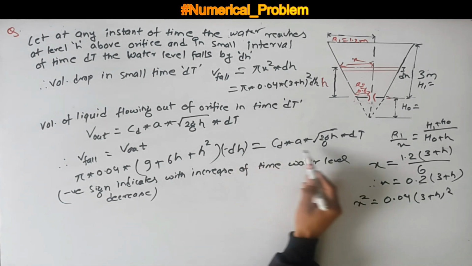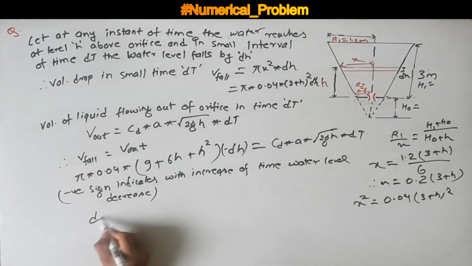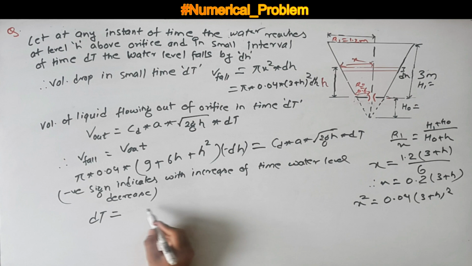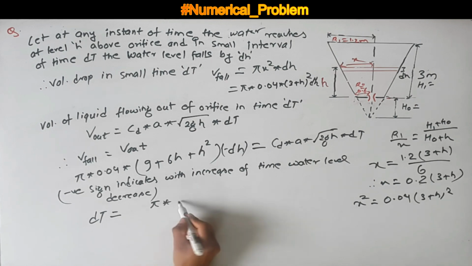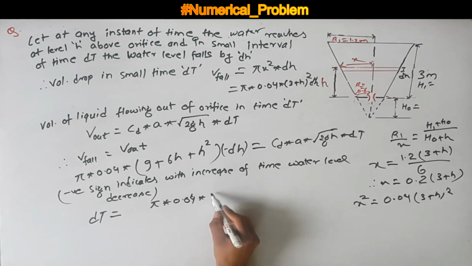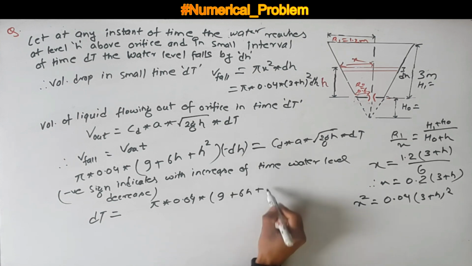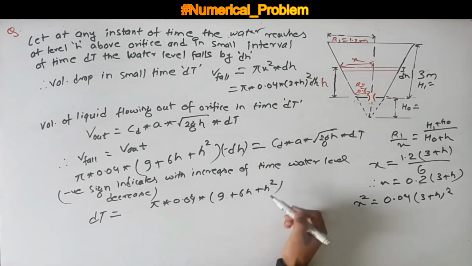So from this equation we can calculate this time dt. This is equal to pi into 0.04 into this 9 plus 6h plus h square, this is minus dh.